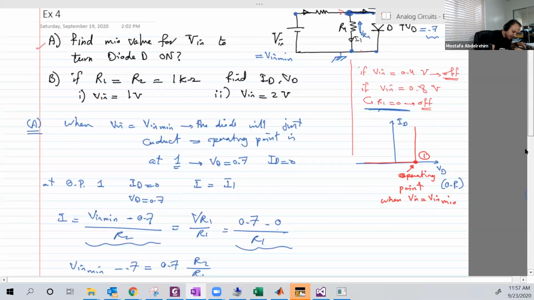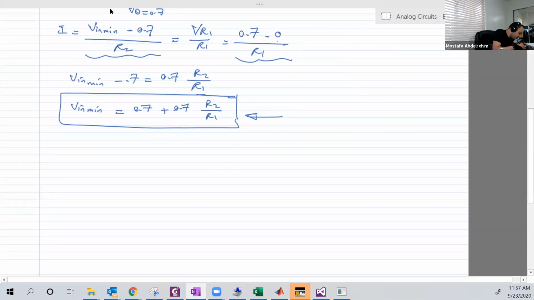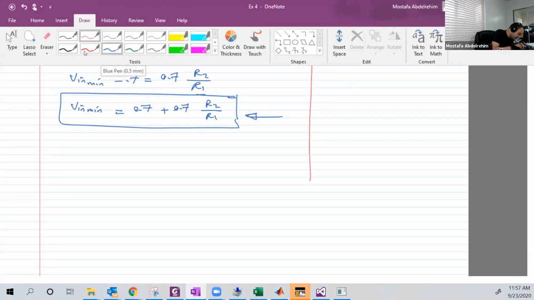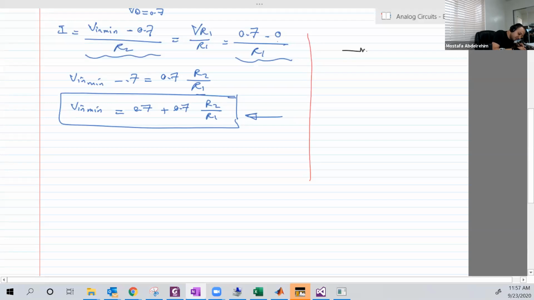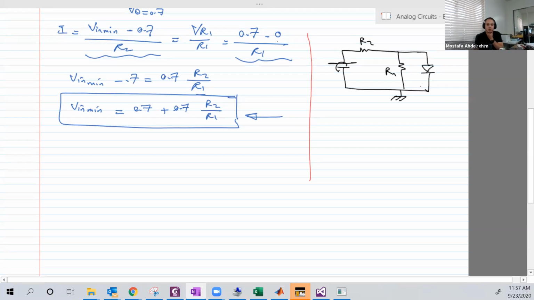So let's draw the circuit again. This is R1, this is R2, this is the input, and this is our diode. Okay, I will give some values.